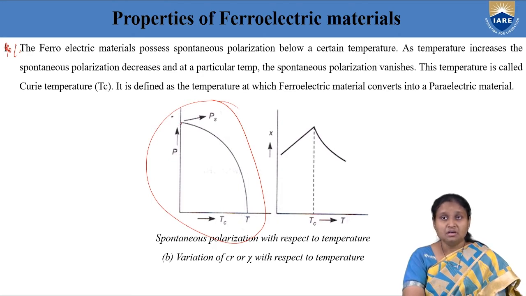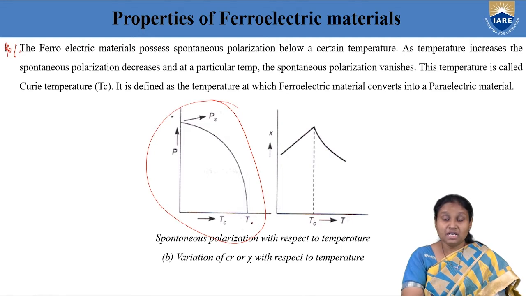At normal room temperature, when the electric field is reduced to zero, there is some spontaneous polarization associated with the ferroelectric material, and it is denoted by PS. At the temperature at which ferroelectricity exists, the spontaneous polarization is PS.